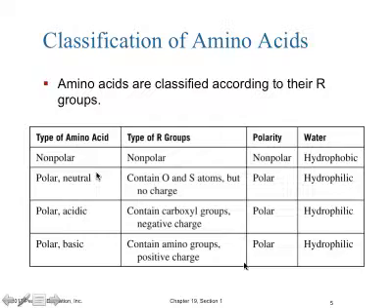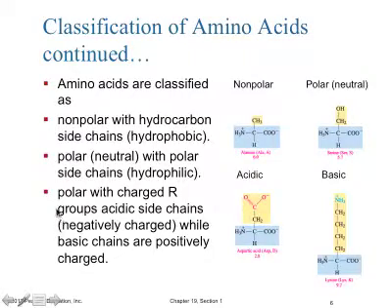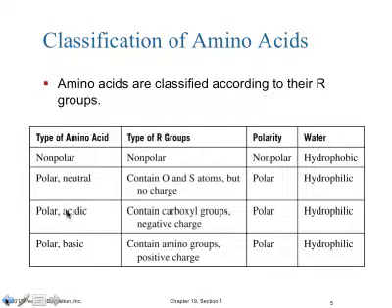If it's polar and it's got some acid groups on it, because it contains the carboxyl group, remember that is COO negative. Or if I'm going to draw it out in a structural formula, it's C double bond O and then O, and this whole thing has a negative charge.